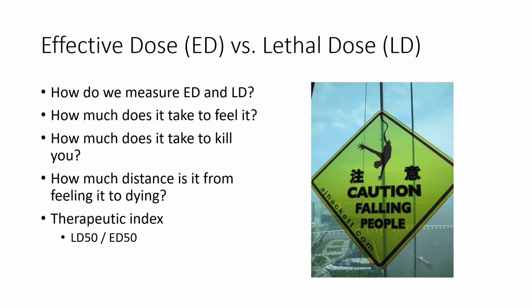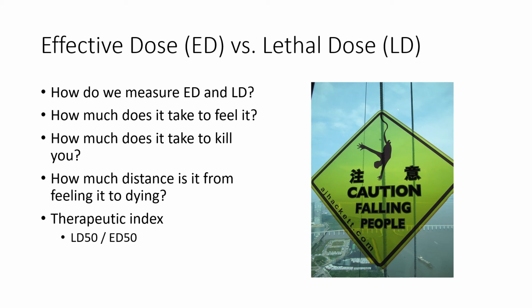Originally, lethal doses were calculated by feeding a certain amount of drugs to a large group of rats and increasing the dose until half of the rats were dead. By calculating based on body weight, we could easily tell how much it would take to kill half of the humans. LD is normally LD50, how much will kill half the people who take it.